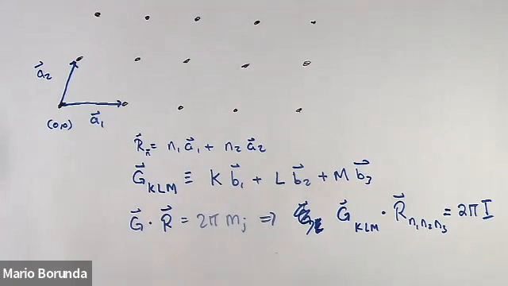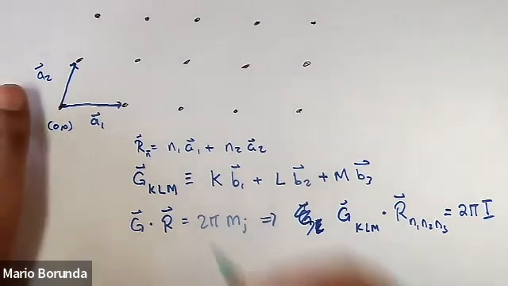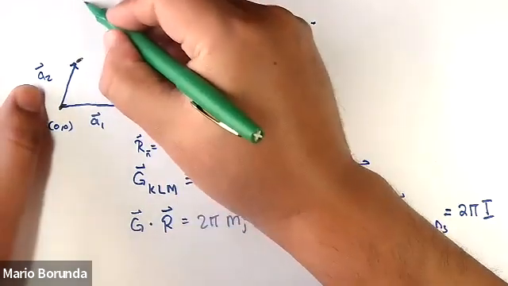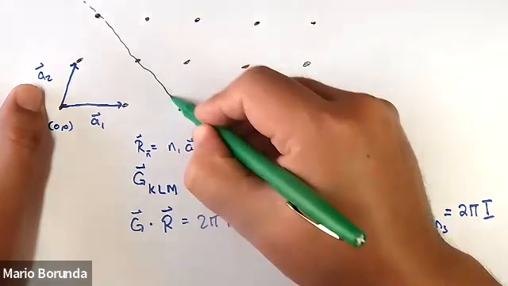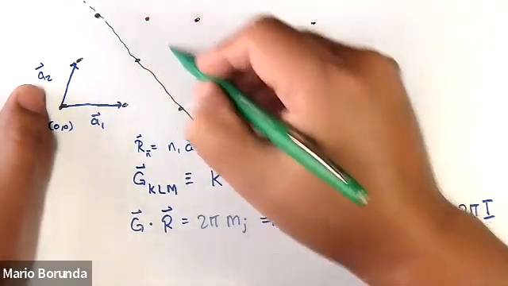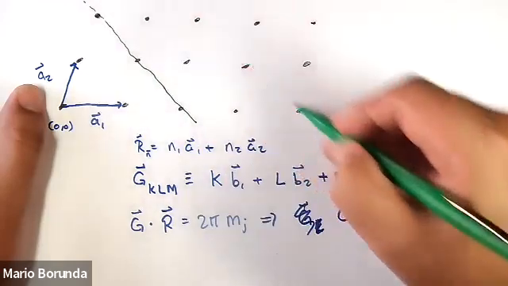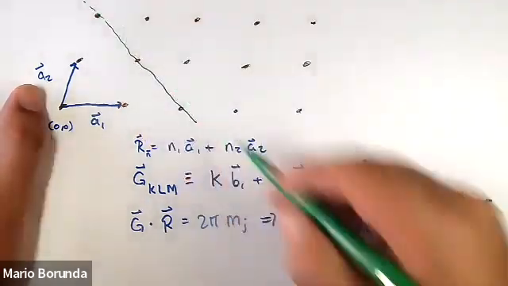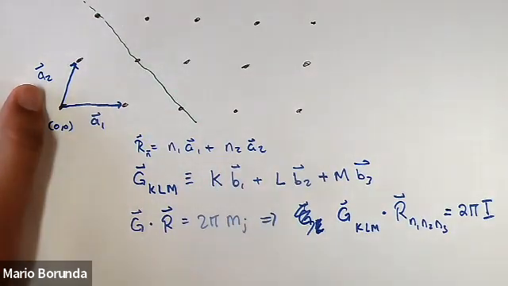So for instance, I could make a line going through here, right? So this is a line that I could draw. And for instance, this line passes through this plane too. So there's all of these lines that go like this. Okay?